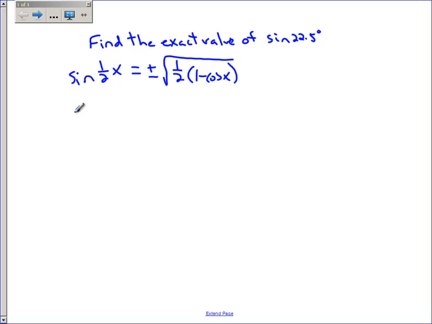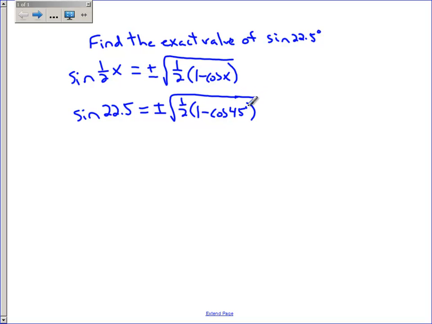So I could find the sine of 22.5 if I knew the cosine of the angle that was twice as big as this. And the angle that's twice as big as this is 45 degrees.